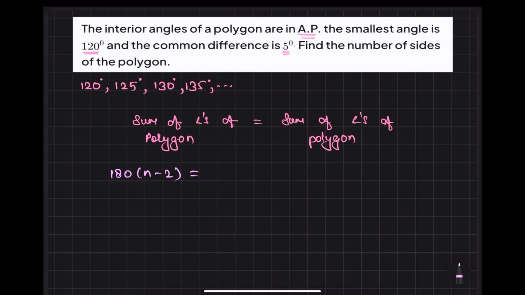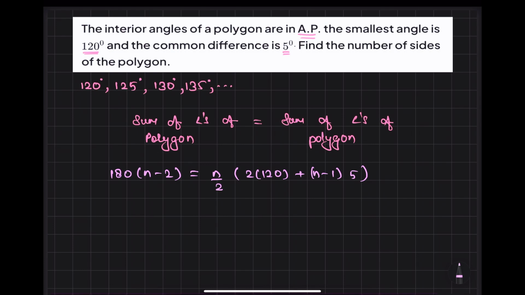Now here also we will apply the same logic and assume that there are n sides, so there will be n angles. So the sum of n angles would be n by 2 into 2a plus n minus 1 into d. Okay, so this is the thing. Now look at how we will proceed.